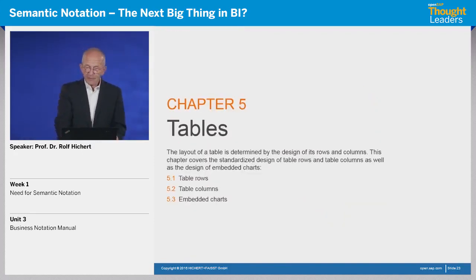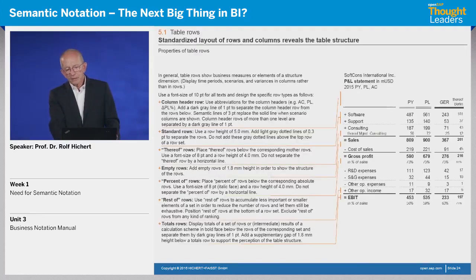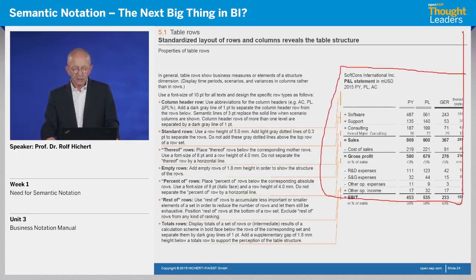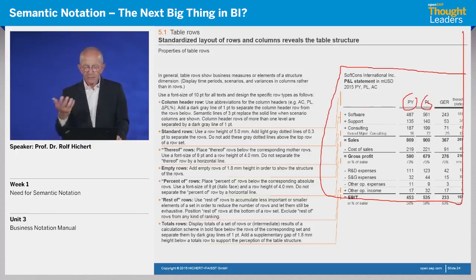And of course, we also have to look at tables, the different table rows, the table columns, and embedded charts in tables. Here I would only show one example of a typical table with a previous year, plan, and thereof column at the end.